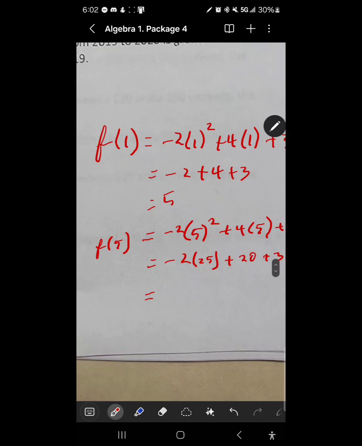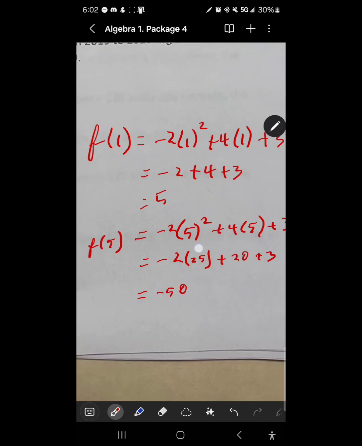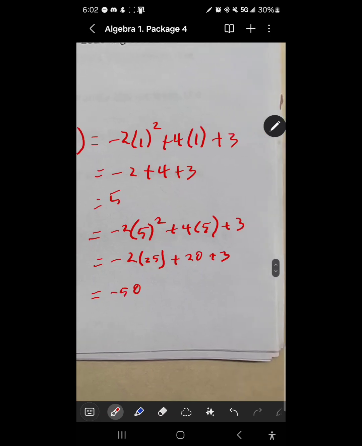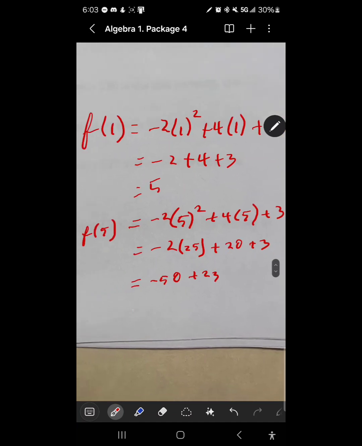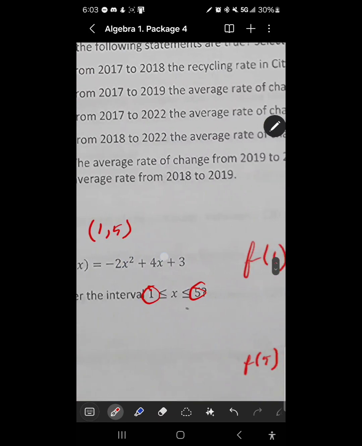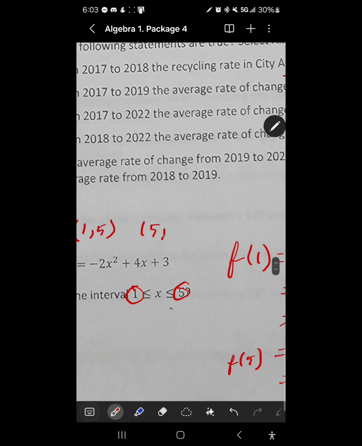Now, -2 times 25 is -50. And then 20 plus 3 is 23. So -50 plus 23. Now we keep the sign of the greater one. The greater one is 50, so we keep it negative. And we say 50 minus 23, which is 27. So it is -27, and our second point will be 5, comma -27.